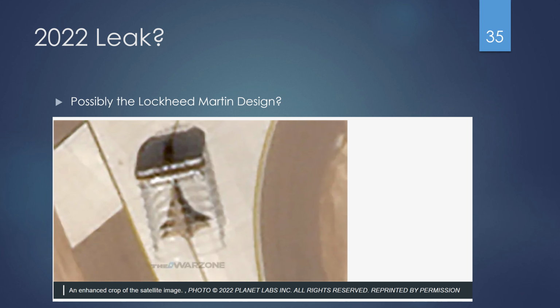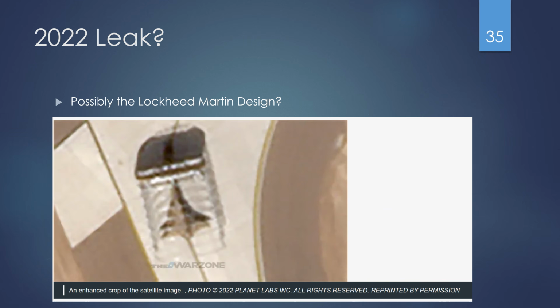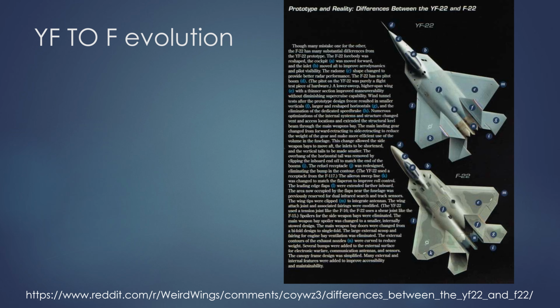It's just a theory based on the fact that they will probably have two different configurations in competition. And then we have another thing where we can use the F-22 from this picture found on Reddit. There is a significant difference between the YF-22 and the production variant, and the F-47 has not flown.